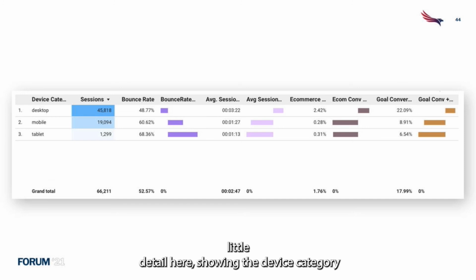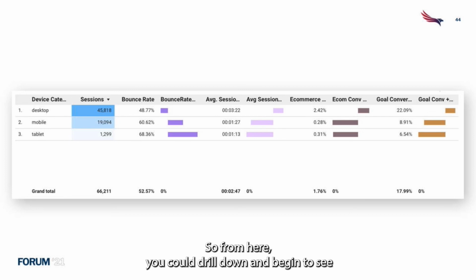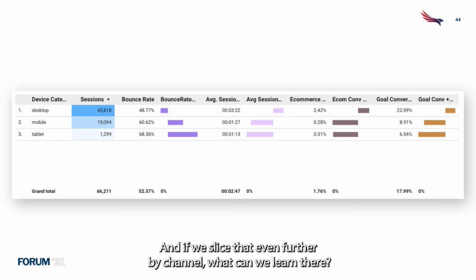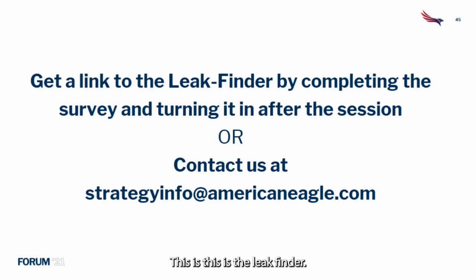Little detail here showing the device category and where we can see the bounce rates are different for each of those, and where conversion rates are different for each of those. So from here you could drill down and begin to see, oh, who's the underperforming segment, and if we slice that even further by channel, what can we learn there? Oh, it's mobile traffic that's coming via email that's underperforming. This is the Leak Finder.